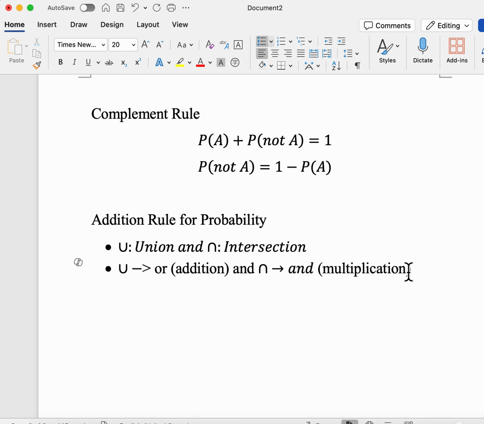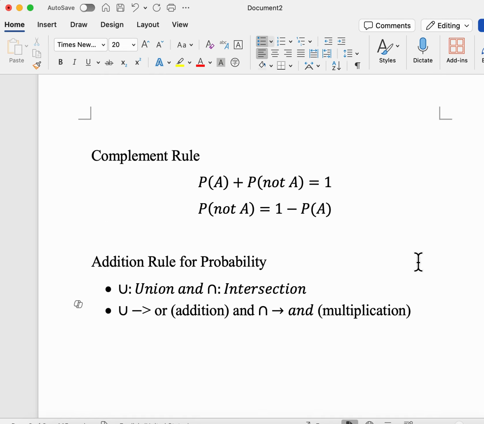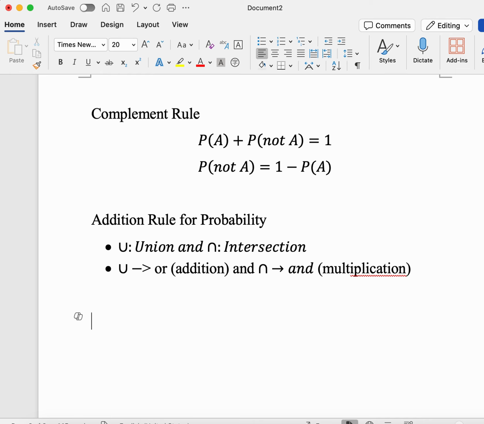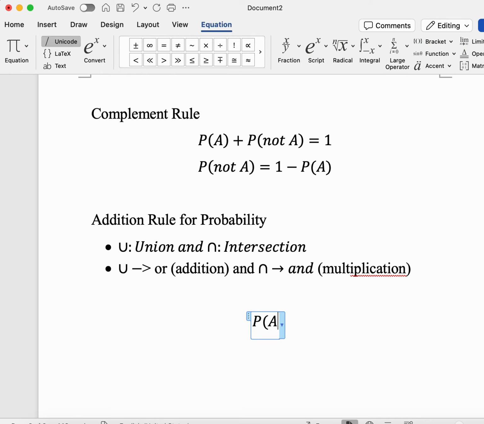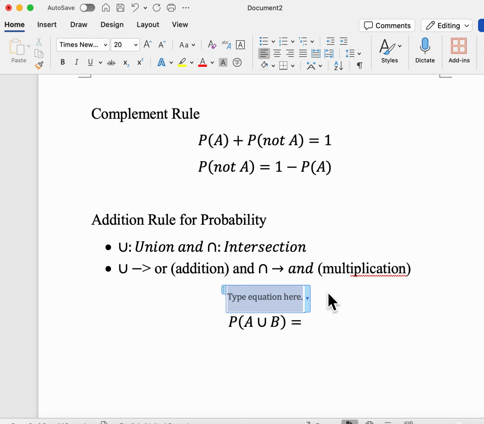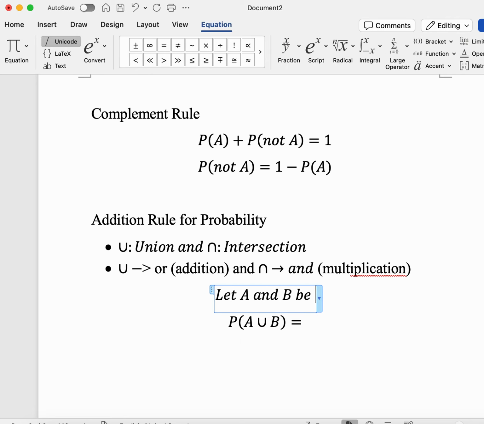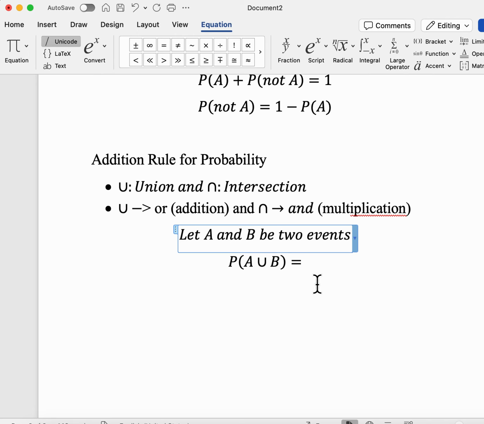Now, one thing we're not going to take for granted is the rule that we get from this. If we do the probability of A union B, so let A and B be two events, two particular sets, we can draw them as circles or ovals.